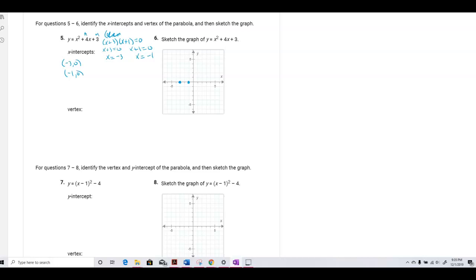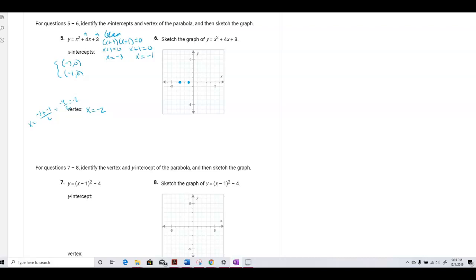So now to find the vertex right away, we have to determine what the x value is. So what x value is in the middle of these two x-intercepts? That would be negative 2. Another way I could do it is to take these, negative 3 plus negative 1, divided by 2. Negative 4 divided by 2 is negative 2.